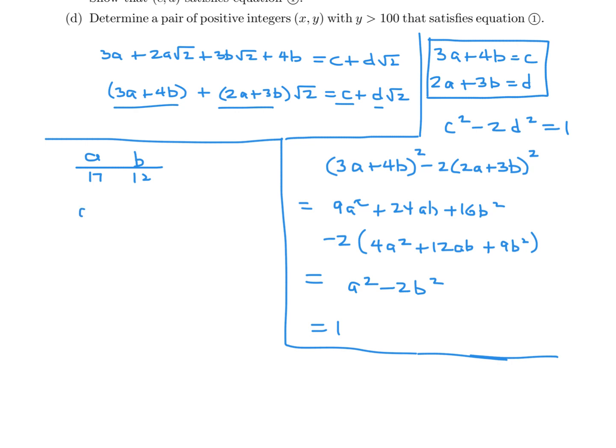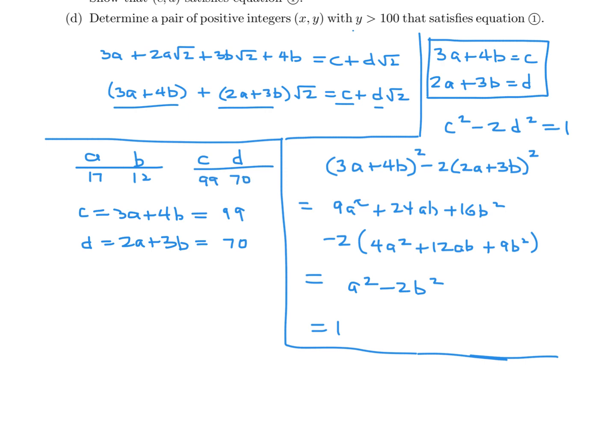So therefore C, which would be 3A plus 4B, which would be 3 times 17 plus 4 times 12, which I think is 99. And then D, which is 2A plus 3B, which would be 2 times 17 plus 3 times 12, which is 70. This pair, 99, 70, would also satisfy equation 1, so 99, 70.